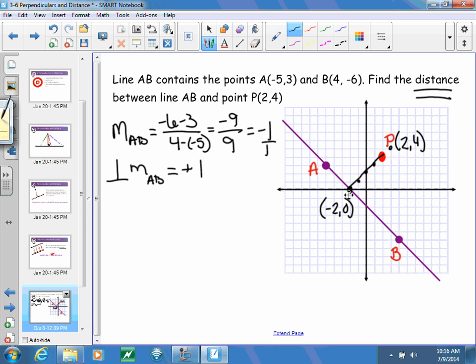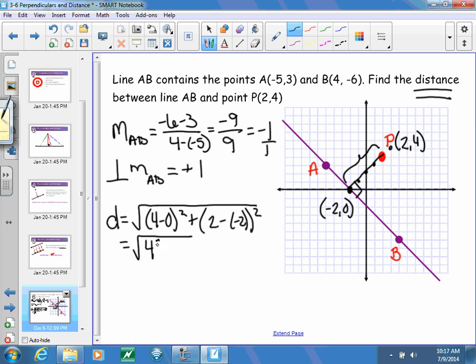And this point here is going to allow me to figure out what the distance is from point P to line AB, because this is going to be perpendicular here. So now we can use our distance formula, which is going to take 4 and subtract 0, take that value squared, plus 2, subtract a negative 2, take that answer squared.